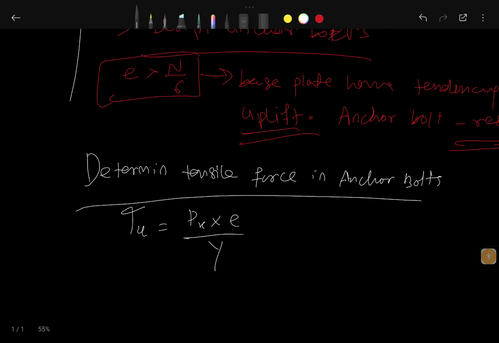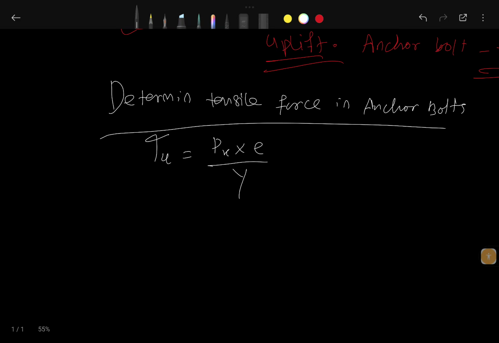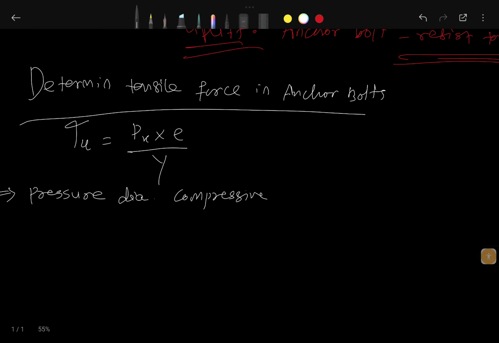Let's use the pressure diagram method. The compressive force C acts at the centroid of the triangular stress block. Now assume the pressure diagram. So we see the triangular stress will have a triangular force.